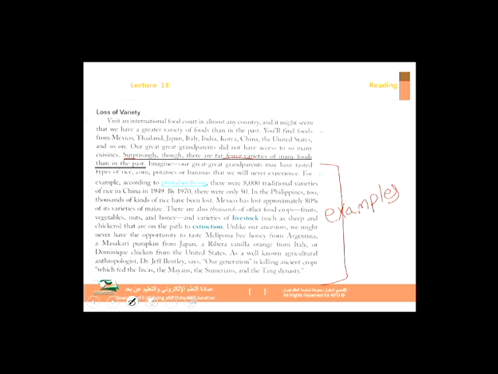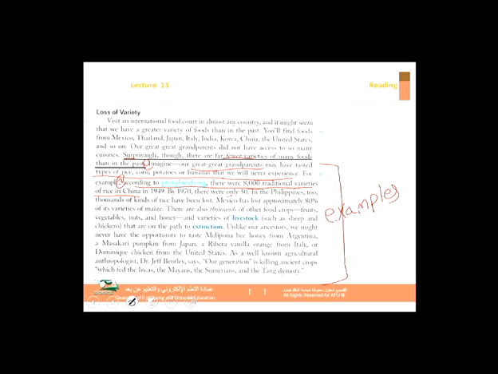Okay, these are examples. So for example, our great-grandparents tasted many types of rice that we will never experience. That's supporting detail number one. Then number two, according to this, in the past there were 8,000 traditional varieties of rice in China.